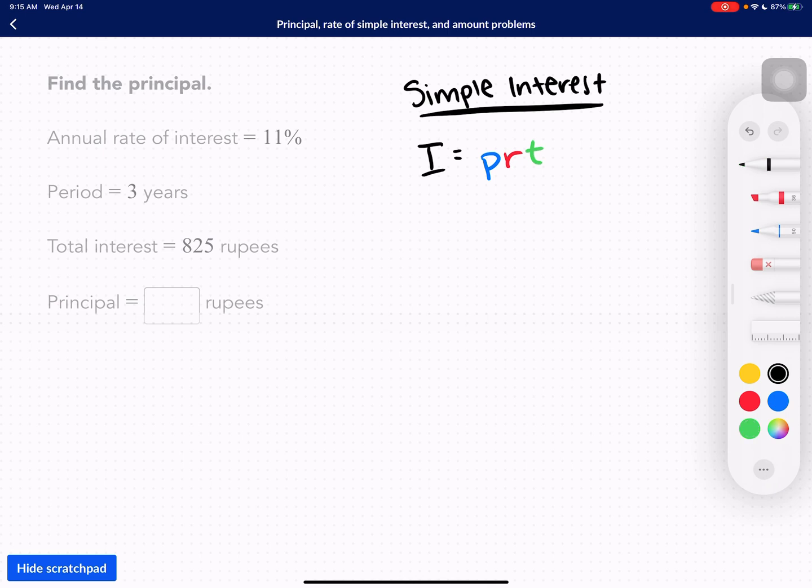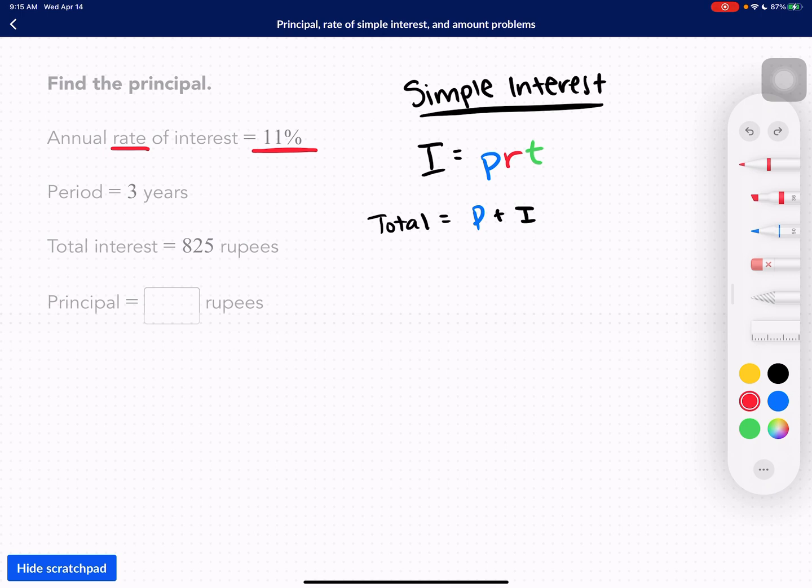And that our total balance, right, our total balance at the very end is the principal plus the interest. So let's just see what we have here. So we're given the rate is 11%. Annual means yearly. So once a year, the rate is at 11%, okay, or throughout the year.